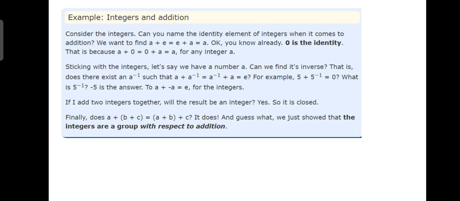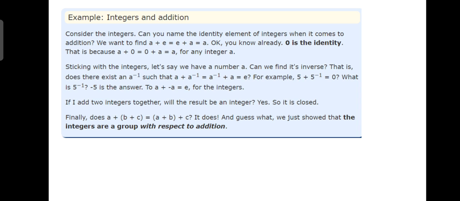If we add two integers, obviously we'll get an integer, so the closure property is satisfied, so it is closed under addition. Next property is associative. Associative is one of the properties which is always satisfied under addition for integers. Next is existence of identity. So identity in this set will be 0, because if we add any number with 0, we'll get the number itself. So 0 is our identity in the set of integers.